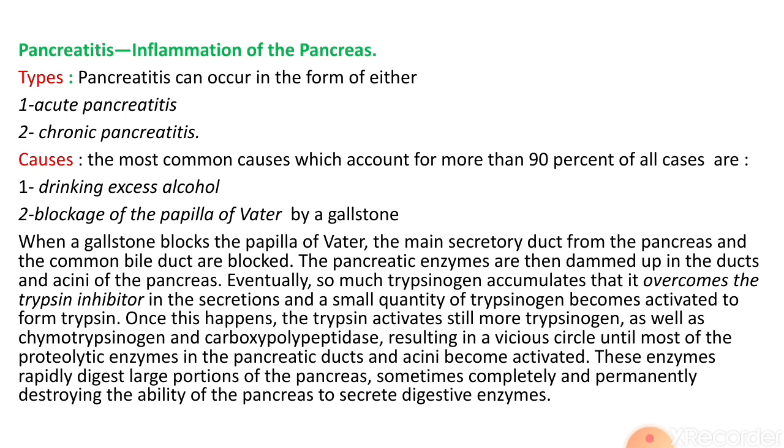When there is a blockage in the ampulla of Vater, the trypsinogen which is activated into trypsin exceeds the amount of trypsin inhibitor. So inhibition of the trypsin will not occur in the pancreas. So the trypsin, which is the active form, will digest the pancreatic acini by itself. So it will cause pancreatitis.